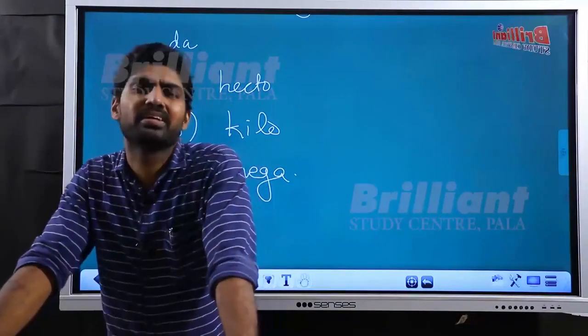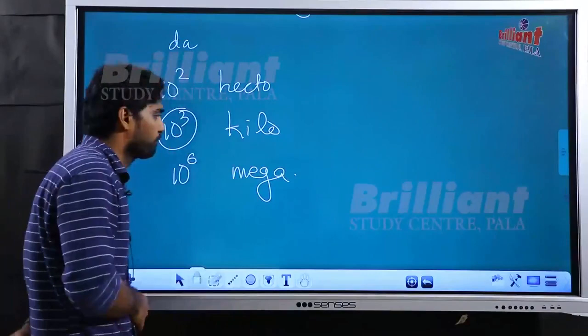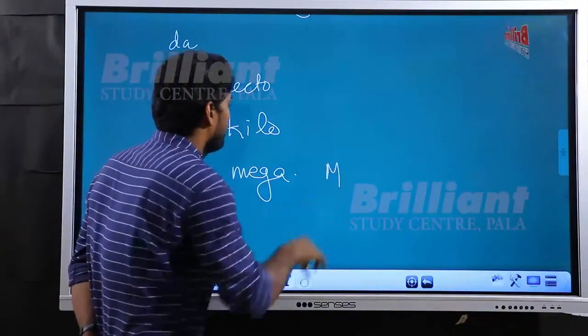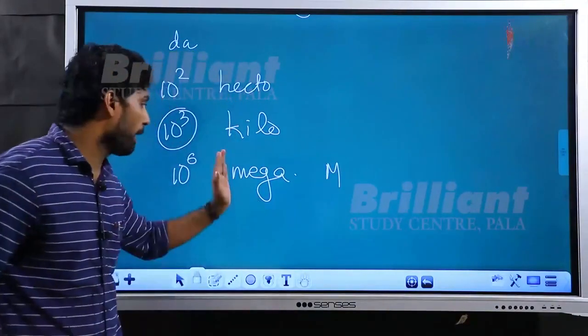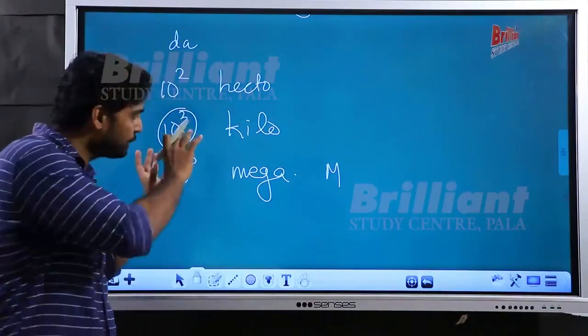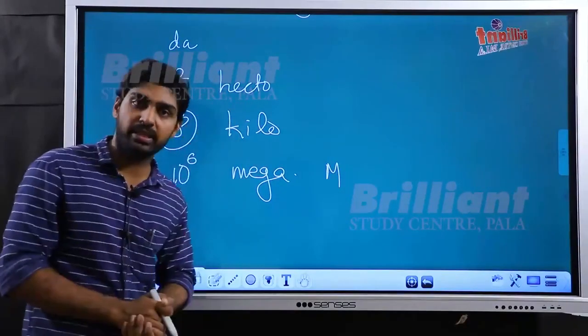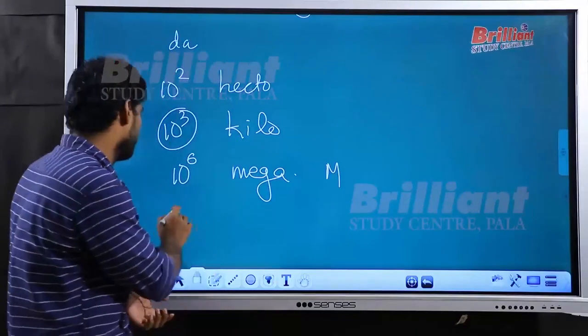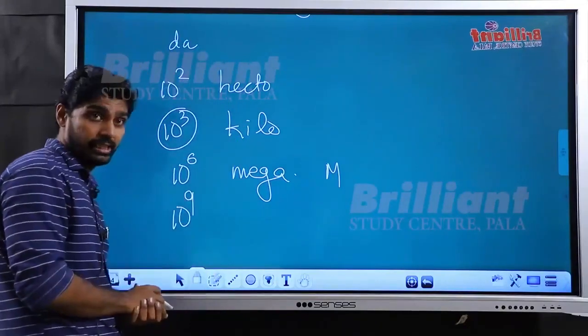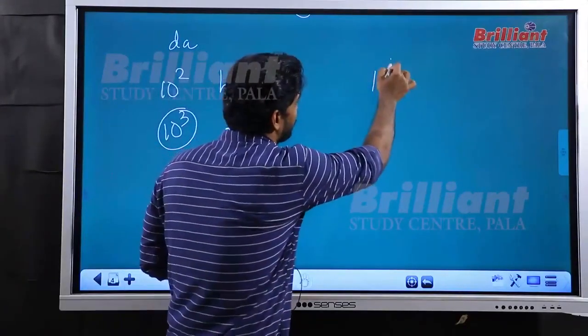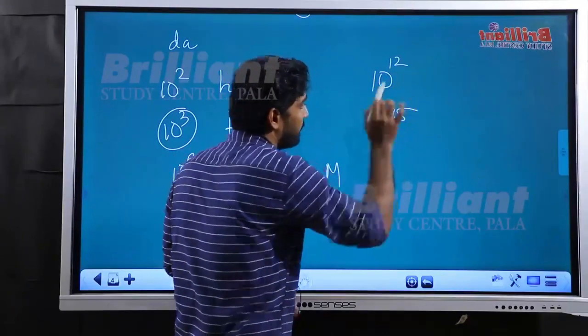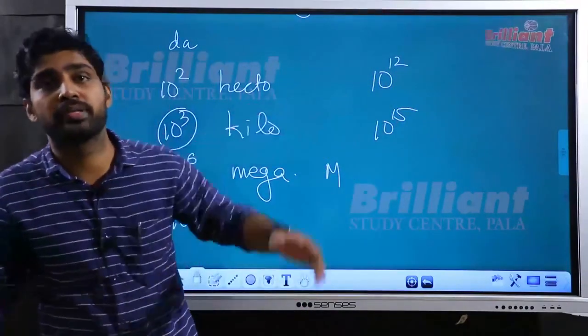So if I am saying 1 mega, it means 10 to the power 6 times that fundamental unit. Then we have 10 to the power 9, giga, and 10 to the power 12, tera.